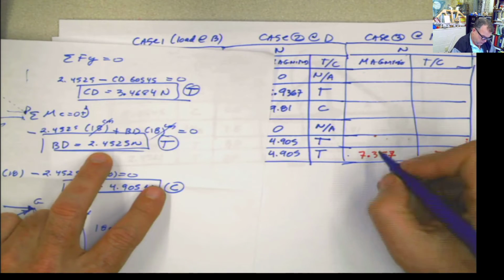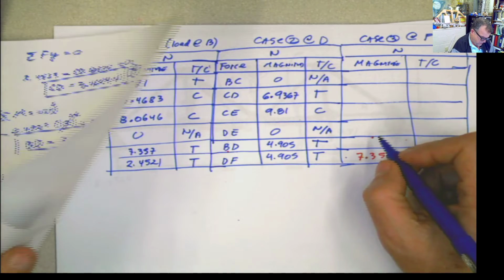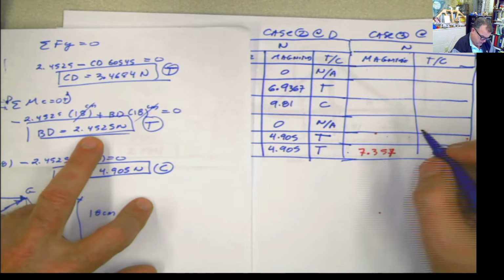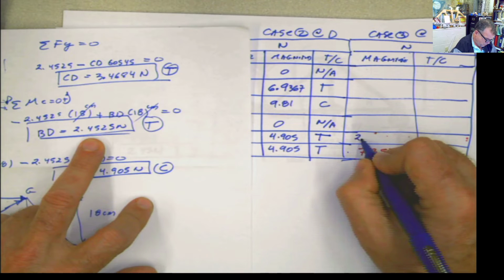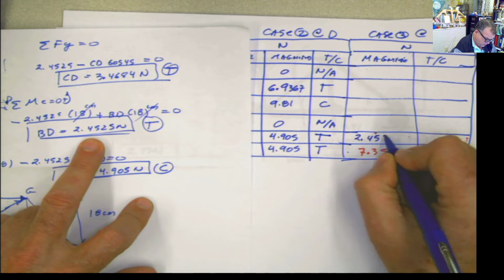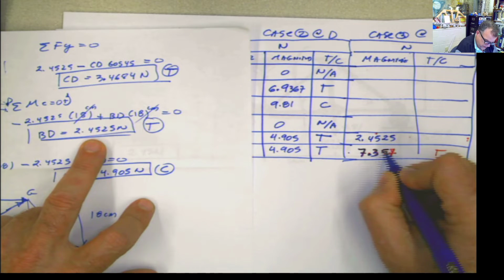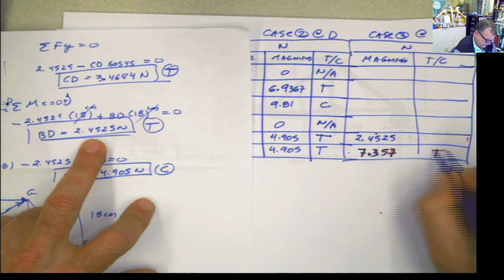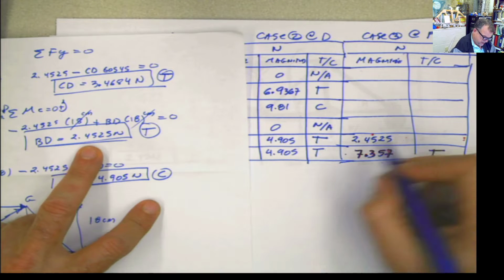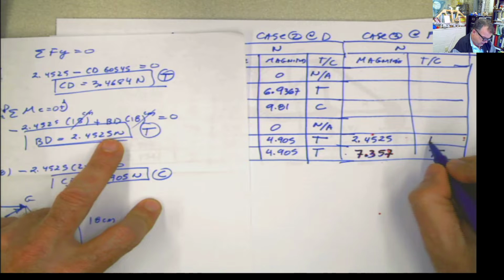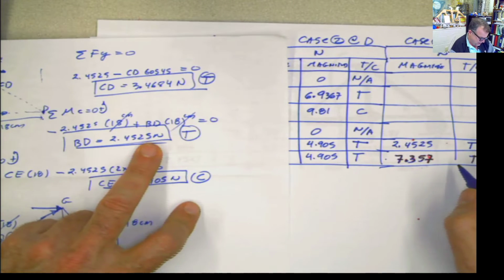is 2.4525, and now you're gonna see this in red. Why he put that in red? Because I only had the red marker when I did this. So this is tension. Now this is 2.4525 in tension, BD, we just calculated that.